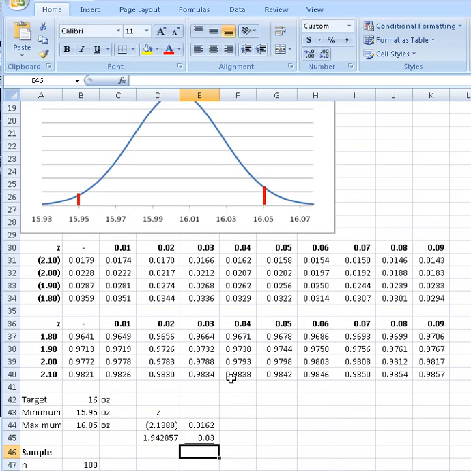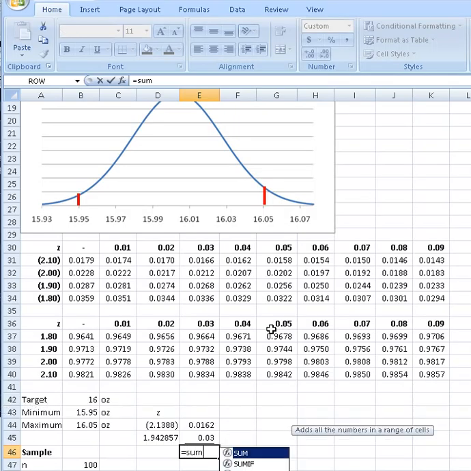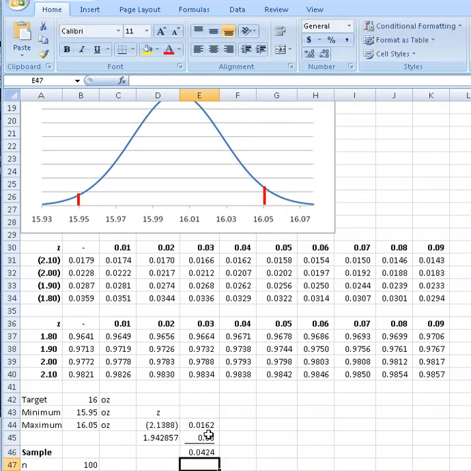You probably calculate that, but let's just add them up. Equals sum of these two values, 0.0424. And if we look in the back of the book, oh, I hope I got the right answer. I think I did. Let's just double check. It'd be awful if I got the wrong answer. 0.0424. Yes, I got it right.